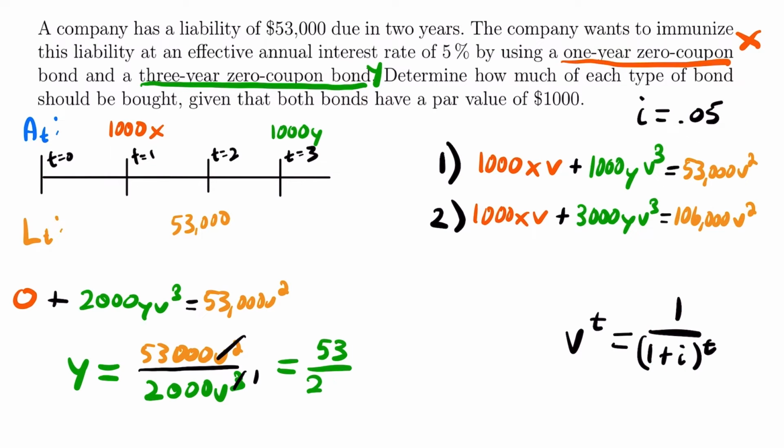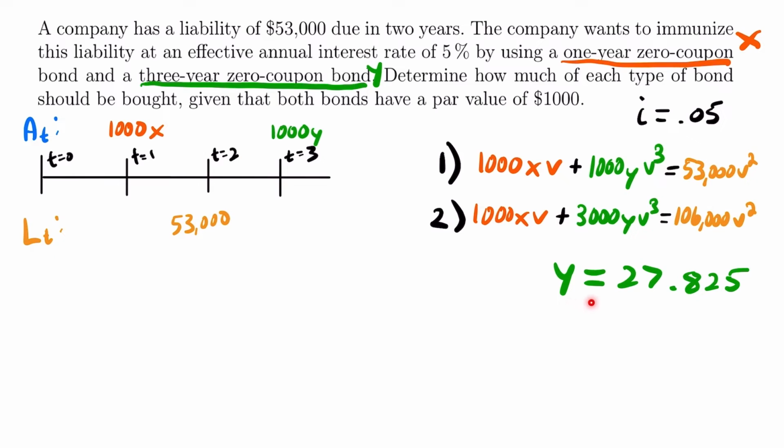All right, so this v would be 1 divided by 1.05, but remember that dividing by a fraction is the same as multiplying by its reciprocal, so instead of dividing by 1 divided by 1.05, we can just multiply 53 halves by 1.05. So here's what we'll have. We'll have 53 divided by 2 times 1.05. That is what y is equal to, and if you plug that into your calculator, you will find that y is equal to 27.825. All right, so that's y.